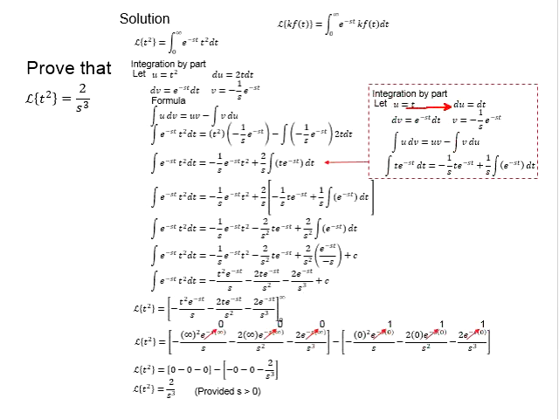Differentiate u to get du, and integrate dv to get v. Substitute into the equation for integration by parts, which gives you u v minus integral of v du. The integration of these functions will give you this.